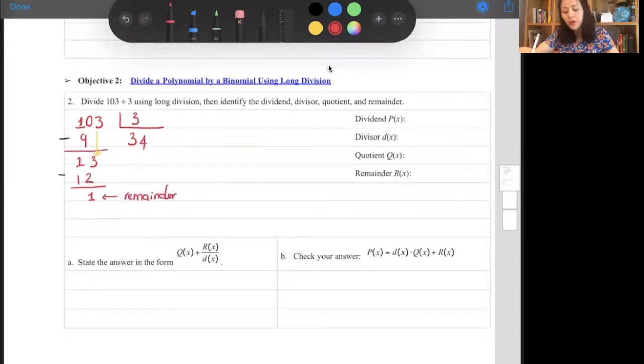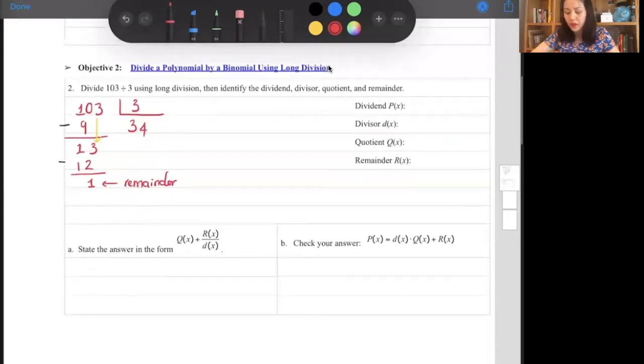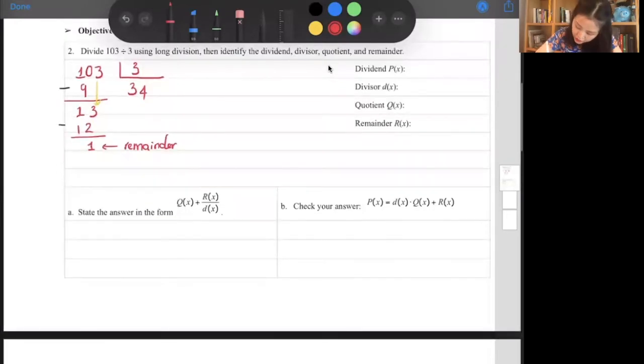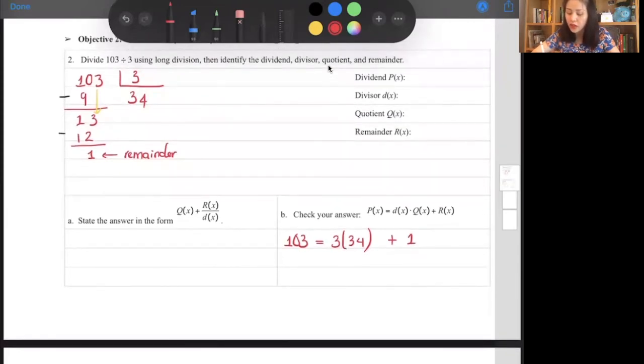One way we can rewrite this relationship is like this: 103 is equal to 3 times 34 plus 1. And 103 is what they call the dividend.